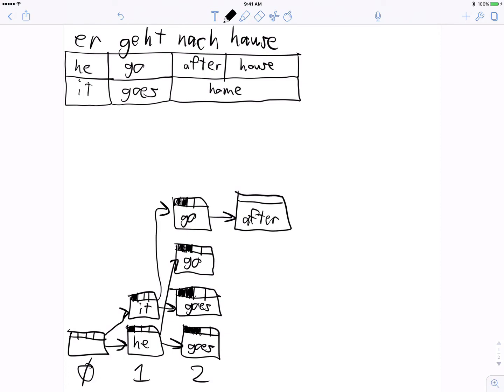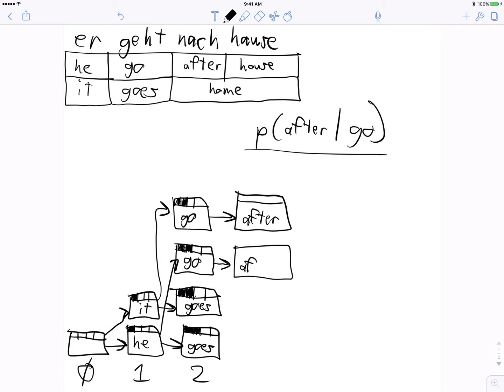So let's look at what the language model has to say about that. The language model is asking, what is the probability of after given go? Let's hold on to that for a moment. And let's extend this cell, after.